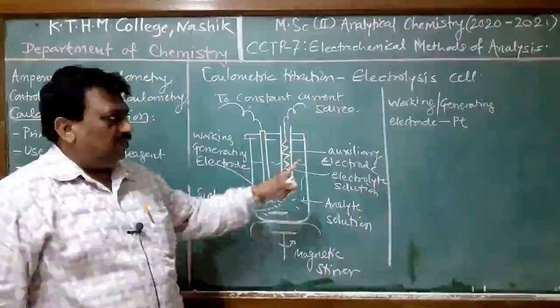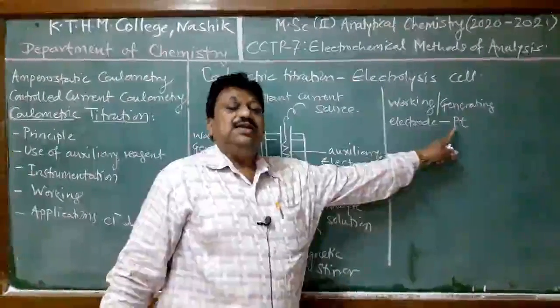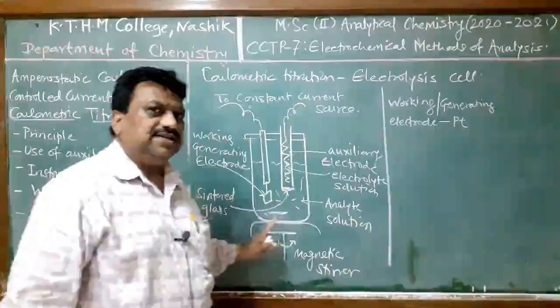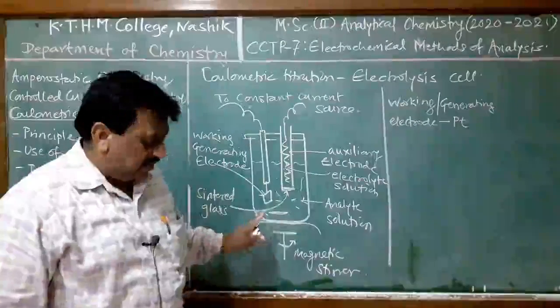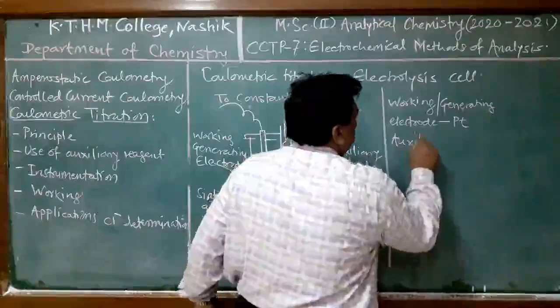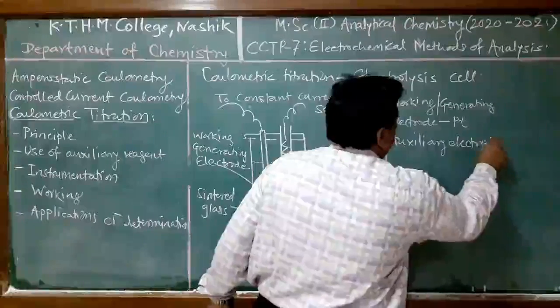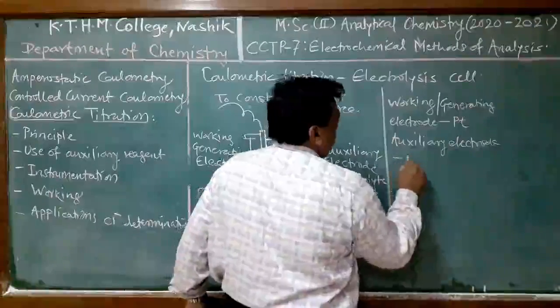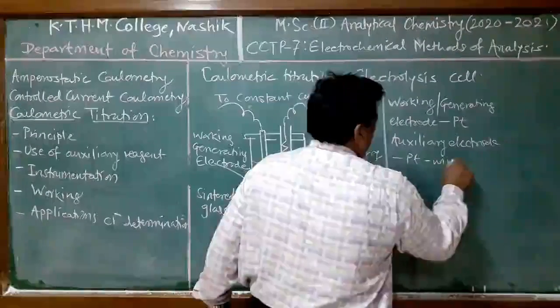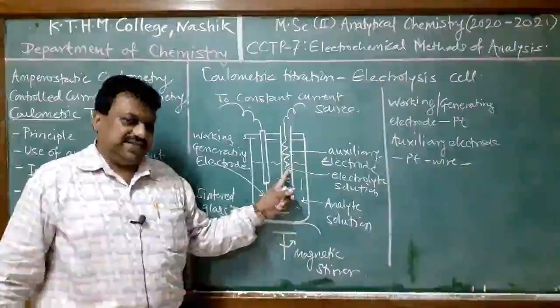Similarly, the auxiliary electrode is also made up of platinum, but it is in wire form. It is only for electrical contact or to complete the circuit.